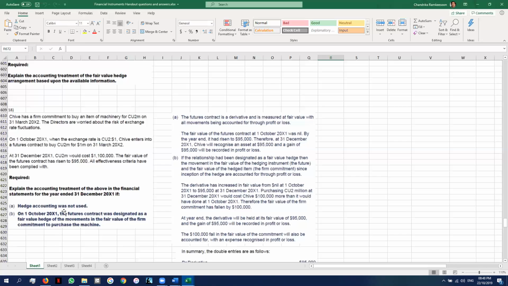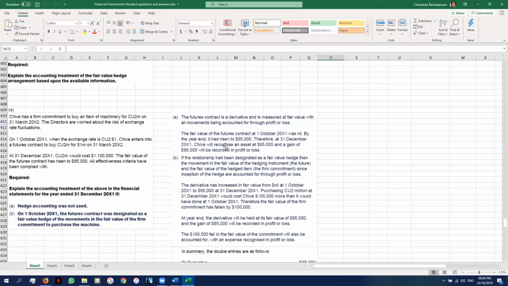Now remember again, only if hedge accounting is used would we do what we are doing here for the equipment. If hedge accounting was not used, all that will happen is this.